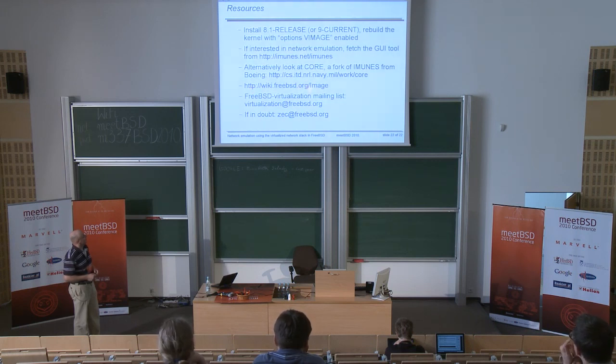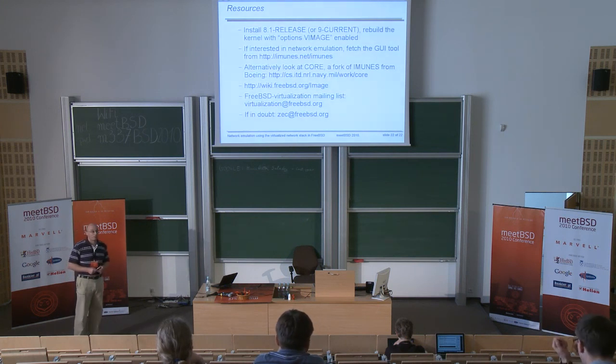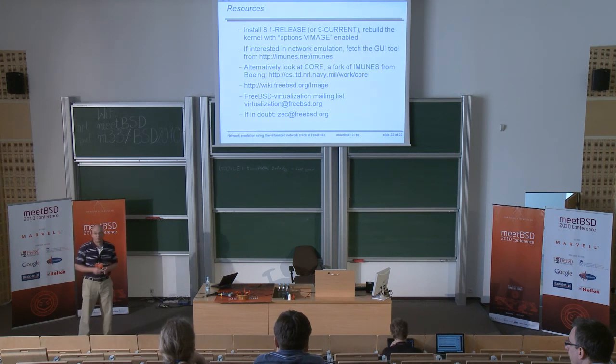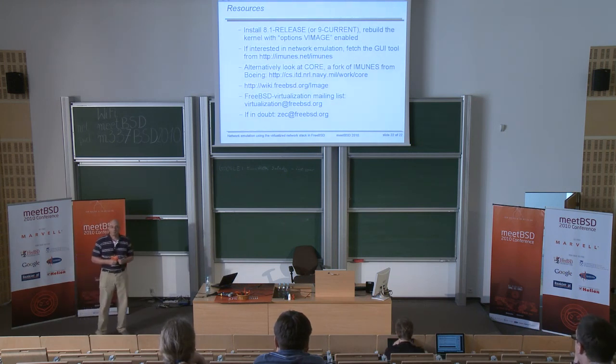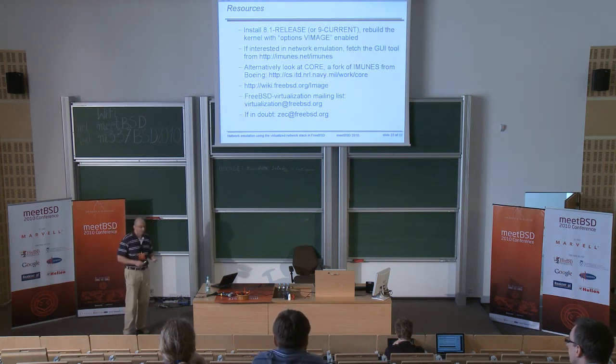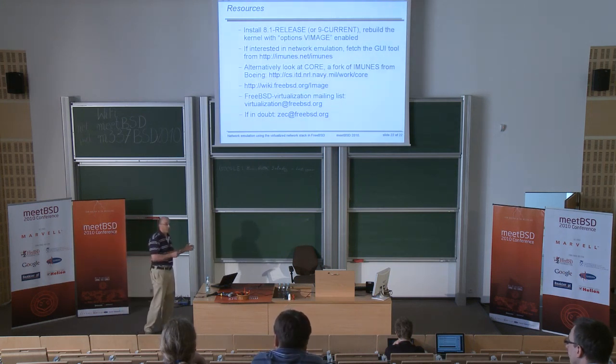Bjoern has put a wiki page here where you can find some pointers about the current state and development of the virtual network stack in FreeBSD. And, well, feel free to ask questions on the mailing list, where I do not answer all the time, I must be honest, or feel free to ping me directly. So basically that's all. If you want to discuss the technical details about anything, well, feel free to shoot.